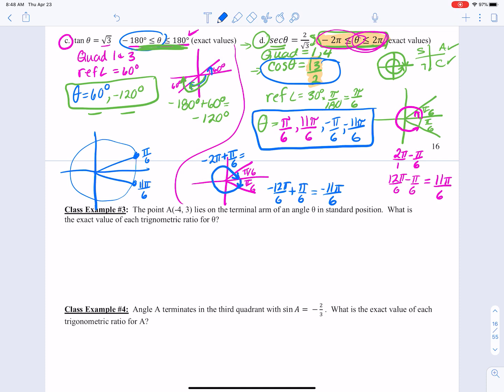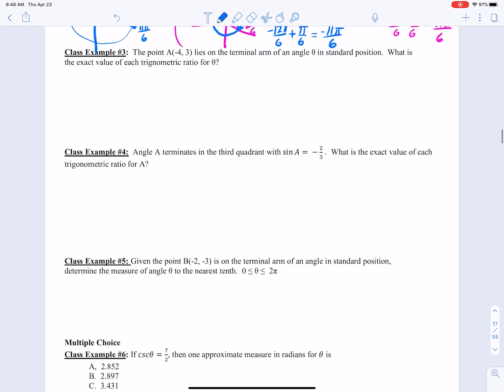You just would have had to determine the negative rotations from there. All right, class example number 3 is one we've done already, so I'm going to give you an opportunity to do that one. And I'll come back and I'll help you set up number 4.